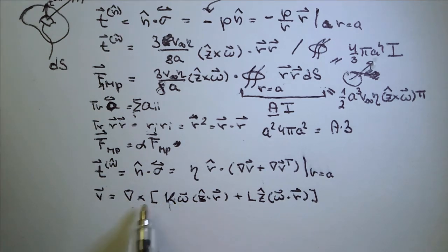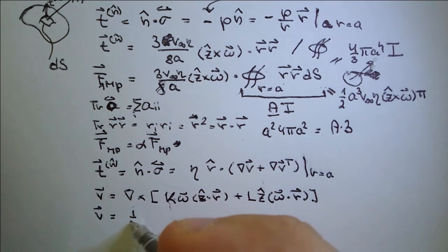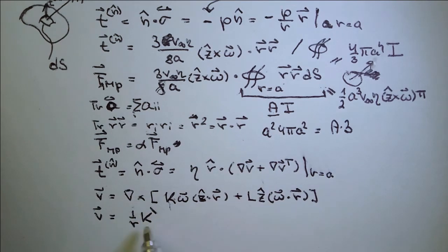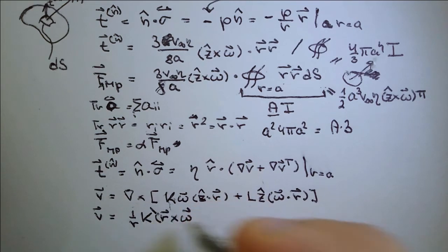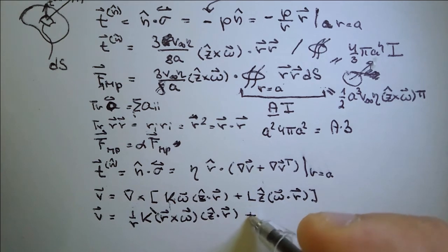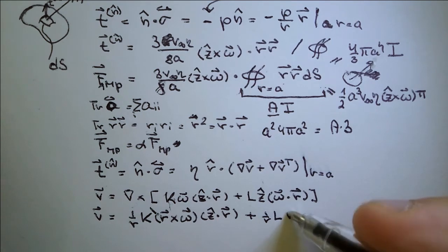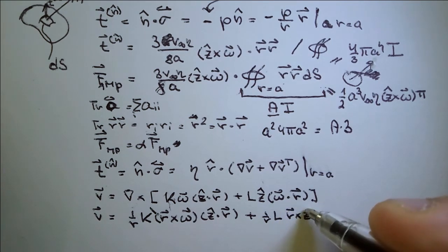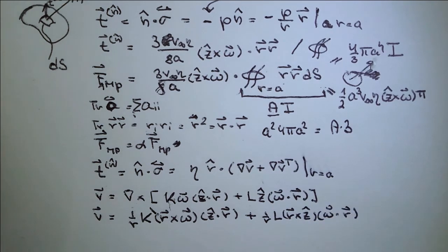So the only terms are from the derivative of this, which is going to be 1 over r k, gradient of k times the position vector r cross omega, and there is z dot r plus 1 over r l r cross z and omega dot r position vector.